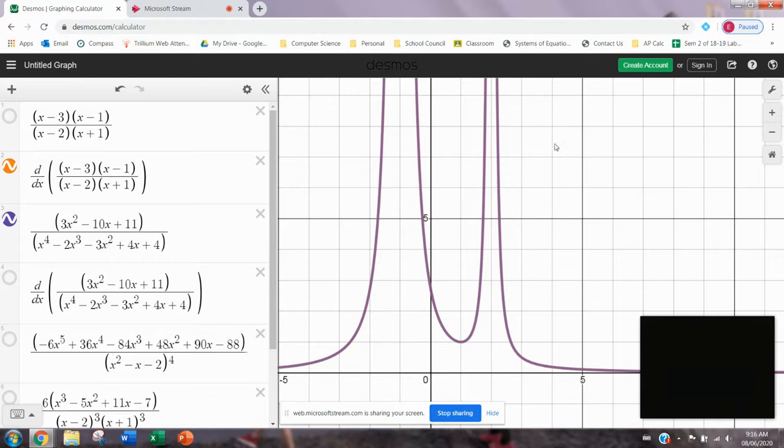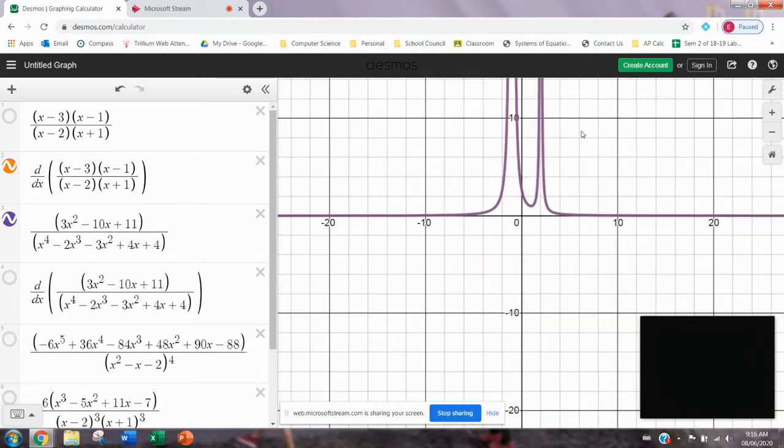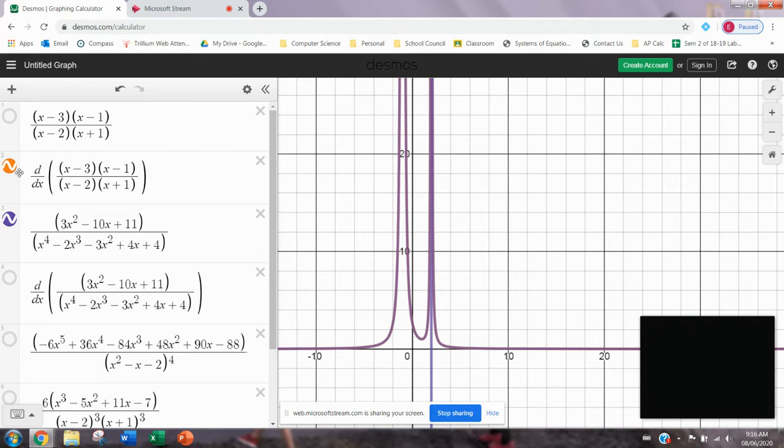There's no gaps. It's the exact same graph. So that means that my first derivative here is correct. So this is the correct derivative because it has the same graph as when I use the derivative notation and just say, hey, Desmos, graph the derivative of this original function.